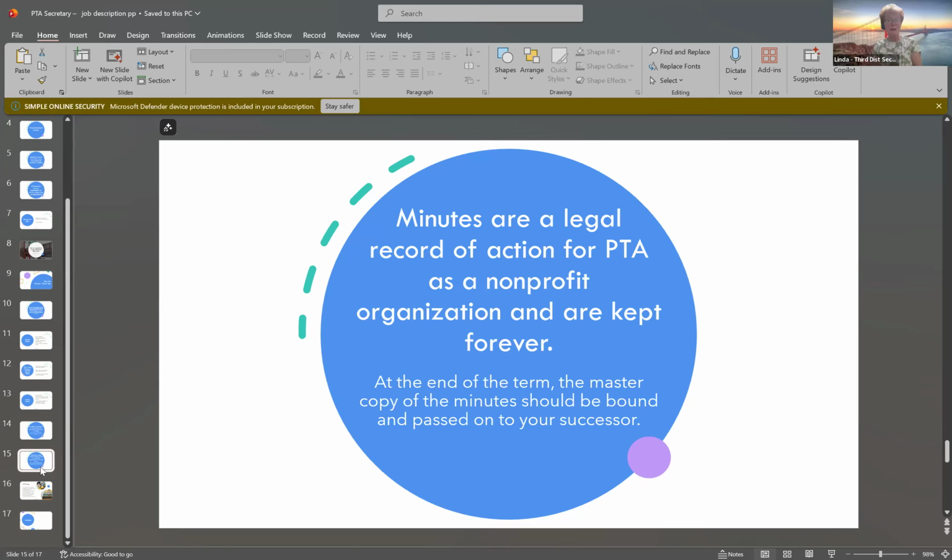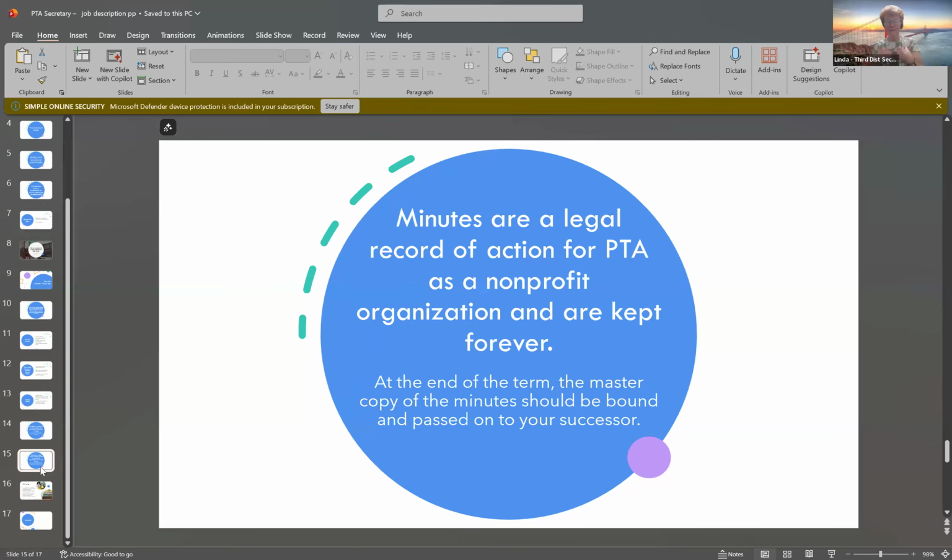Minutes are a legal record of action for PTA as a nonprofit organization, and they are kept forever. So at the end of the term, the master copy of the minutes should be bound and passed on to your successor.